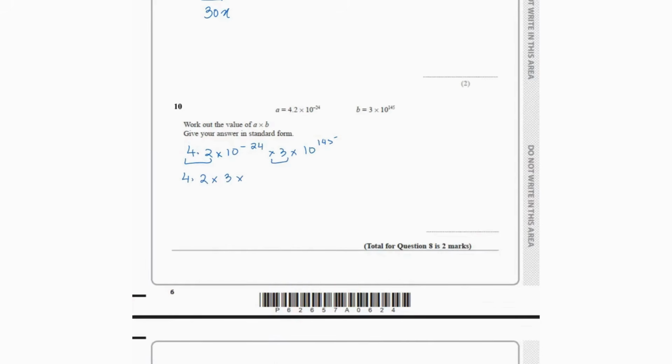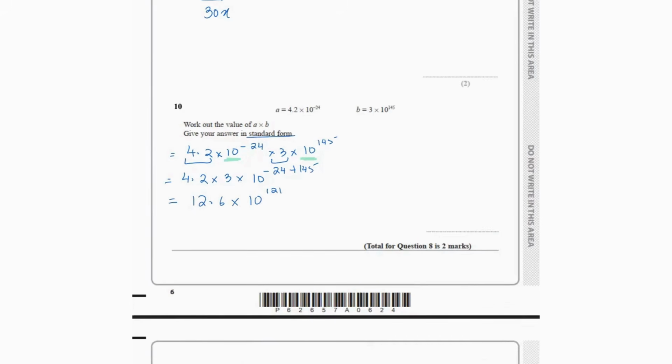And for 10, if you notice, we have the same base of 10 being multiplied. So whenever we have the same bases being multiplied, we add the powers. So negative 24 plus 145. So that's going to give us 12.6 times 10 to the power of 121.